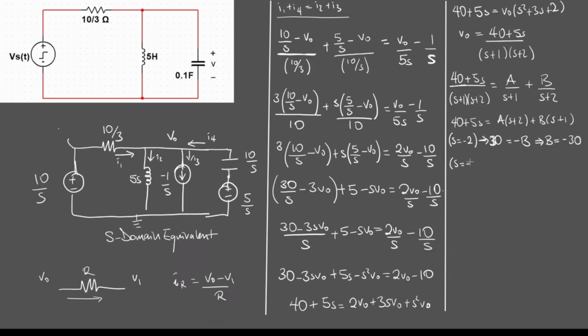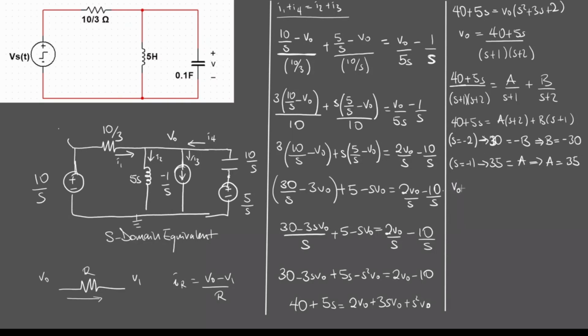So when s is equal to minus 1, now setting this equal to 0 so we can solve for a, you get 40 minus 5, so that's 35, which is going to equal a. So straightforward, we know that a is equal to 35. So this guy is back in.